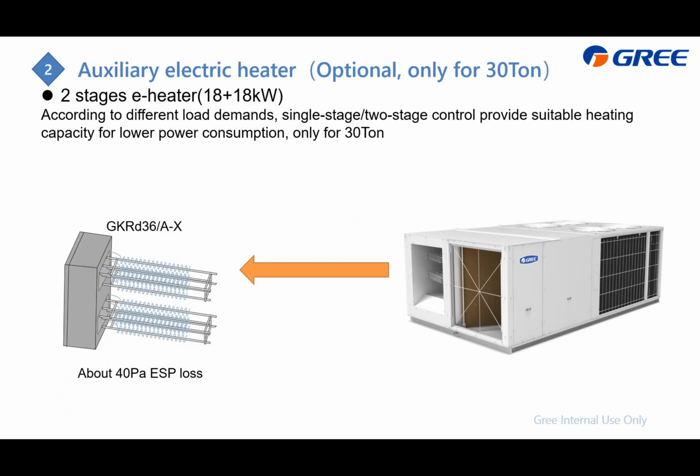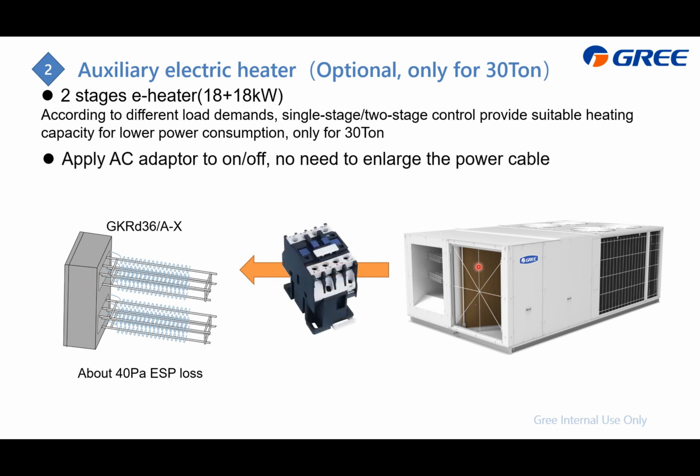For the optional e-heater for cooling only 30-ton, it is two-stage, 18 plus 18 kilowatt. So according to your demand, you can turn on one or two sets of the e-heater. We need to place this at this area, and turn it on and off by the relay.